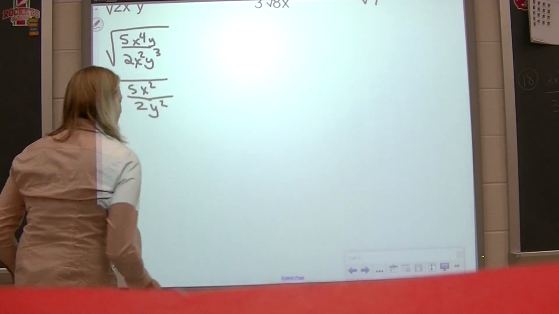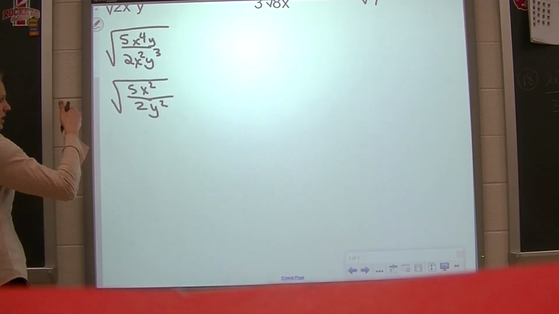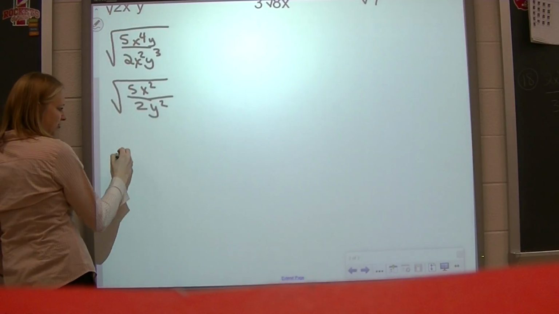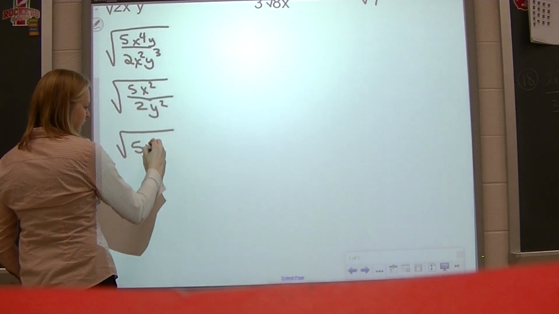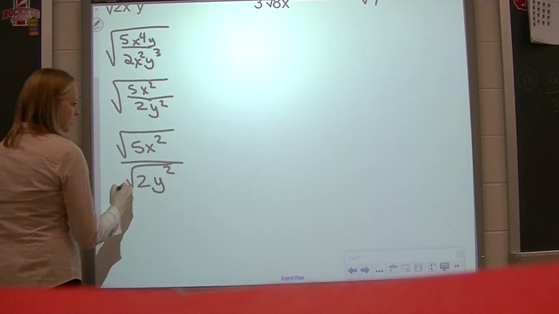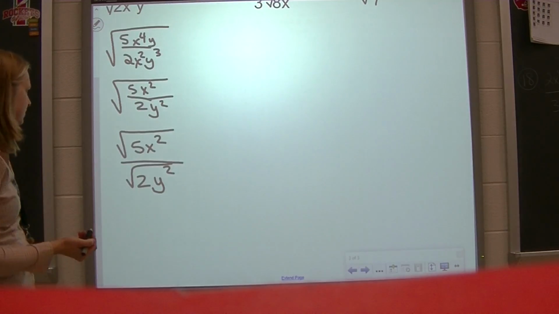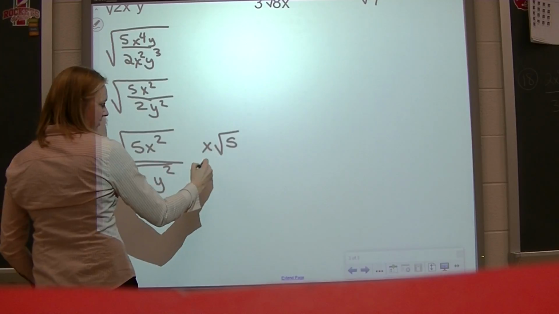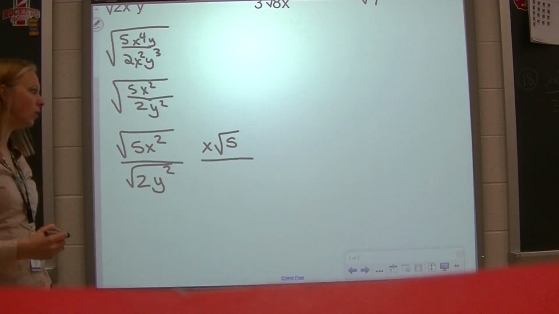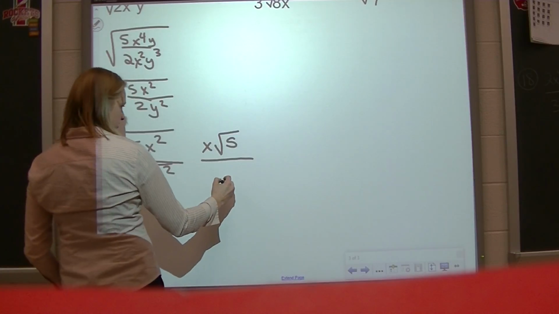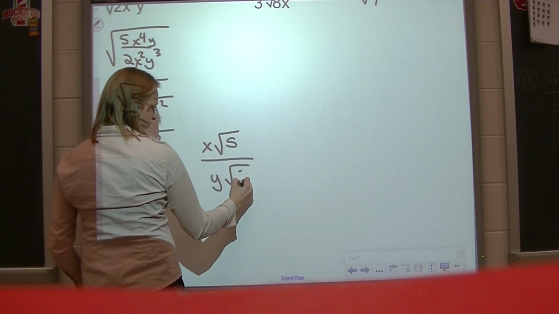So this, we can continue to simplify now by taking the square root of each piece. We're going to keep the square root of 5, but we're going to have x square root of 5 over here. We'll keep the square root of 2, but it's going to be y square root of 2.